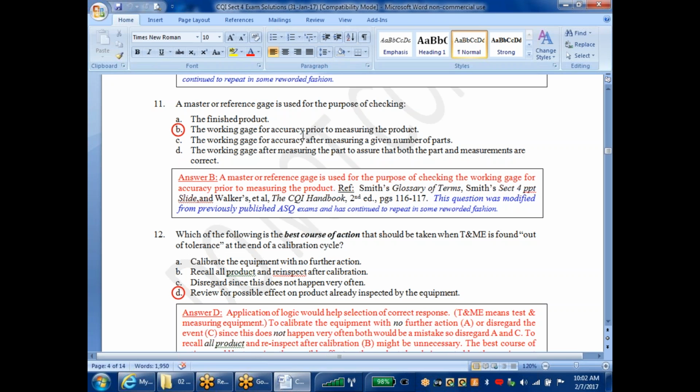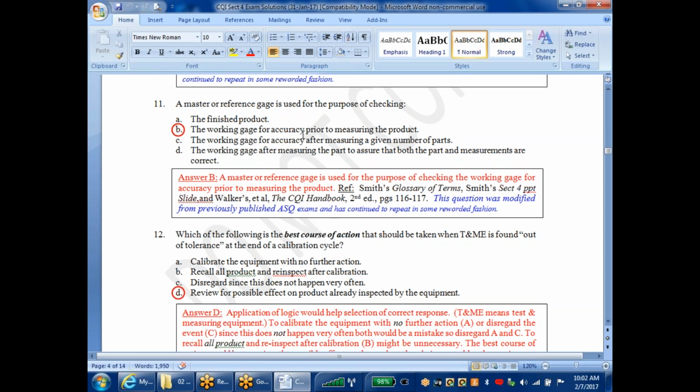Like if you had a master ring for a dial bore gauge, if you've ever had experience with that, that would be set out at the workstation, and we were trained anyway, every time that you used the gauge, if it had been a while during the shift, you would master it or check it.